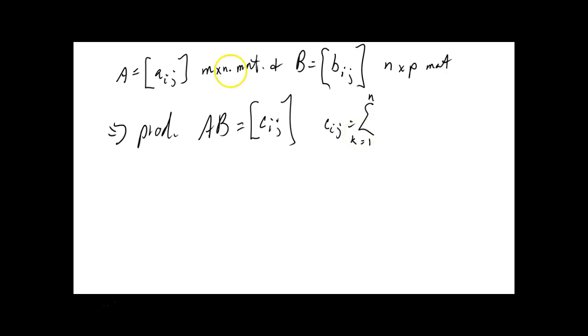Now remember, your N is the number of columns in the first, rows in the second, okay? So you're going to have a summation, just like we did before, K going from 1 to N of A_IK times B_KJ, okay?